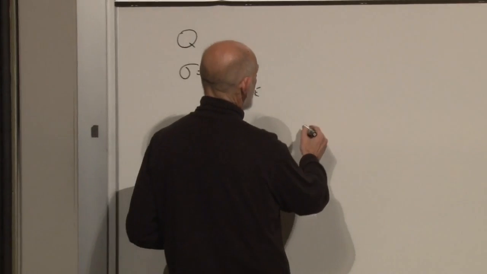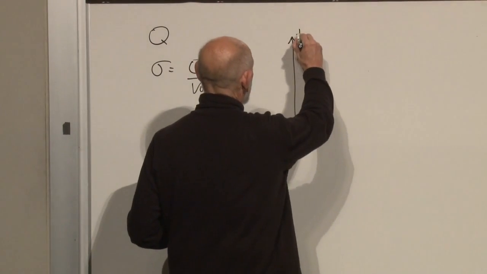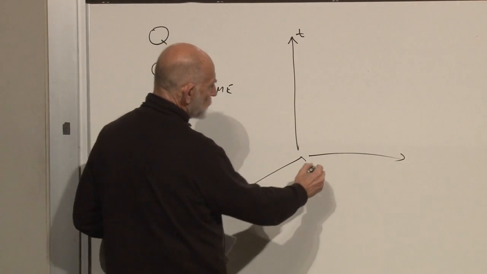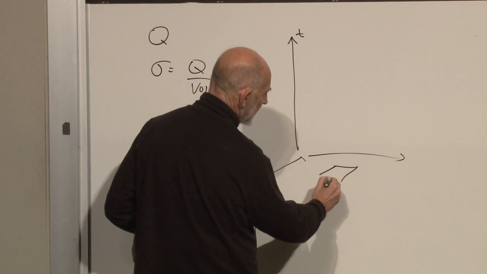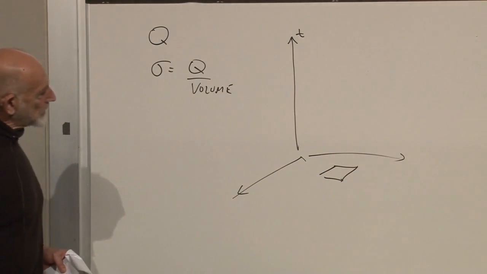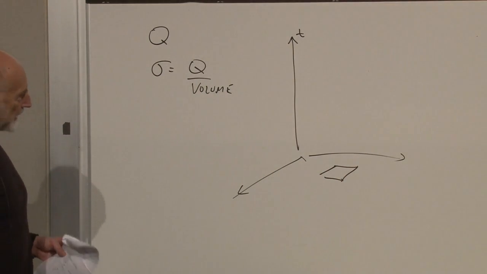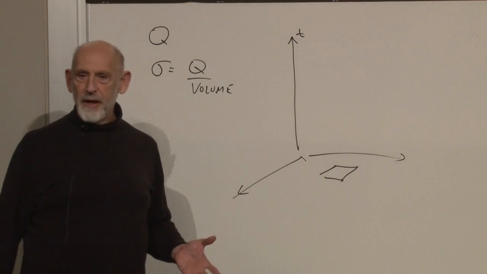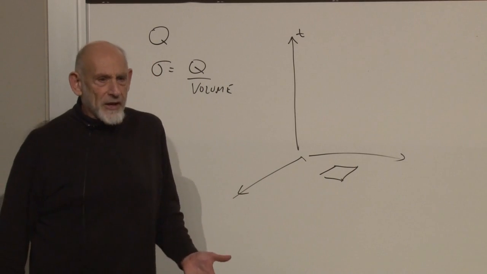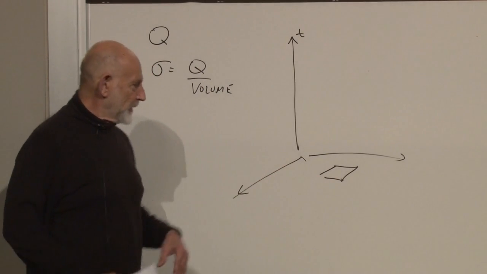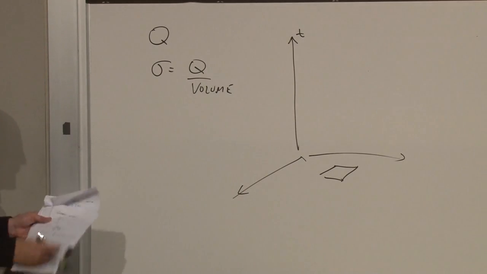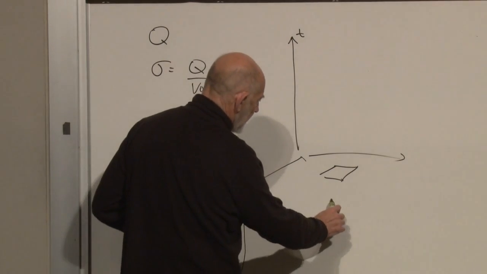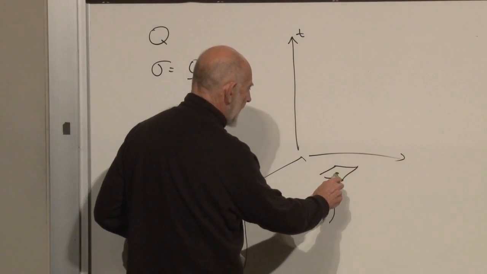We could draw this in another way. Here's, if we draw time this way and space this way, and draw a little element of space over here. Now, that little element of space, a little volume of space, in this picture is two-dimensional. Why is it two-dimensional, that little element of space? Because I didn't draw the third dimension, that's all. All right, it's really three-dimensional, but it's too hard to draw it on the blackboard. And now we have some charge which is moving around and passes into that little region there.